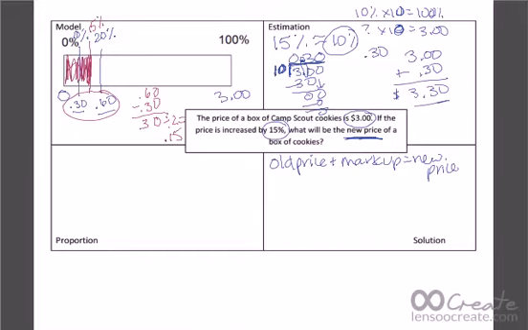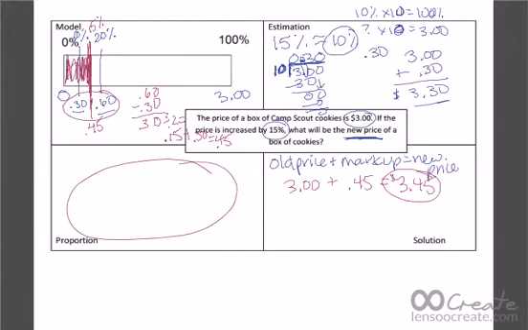So then 30 plus 15 cents, 15% is 45 cents, because 15 plus 30 is 45 cents. So 45 cents is 15%. So old price of $3 plus a markup of 45 cents gives us our new price of $3.45.